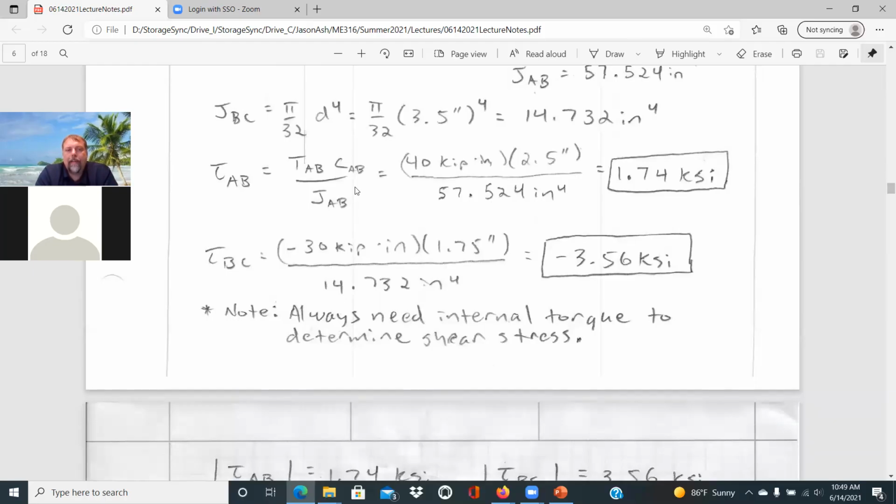And then it's JBC that we just calculated, 14.732 inches to the fourth, will give us a shear stress of minus 3.56 KSI. And again, from an analysis standpoint, if you're trying to size the shaft, it's really that magnitude of stress. The sign is really only relevant in terms of finding that plane of failure.